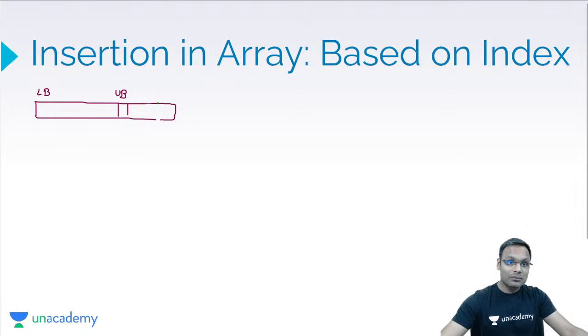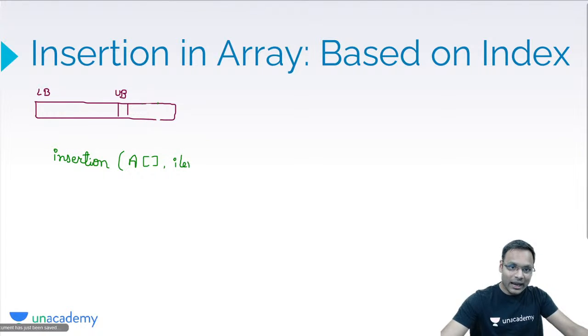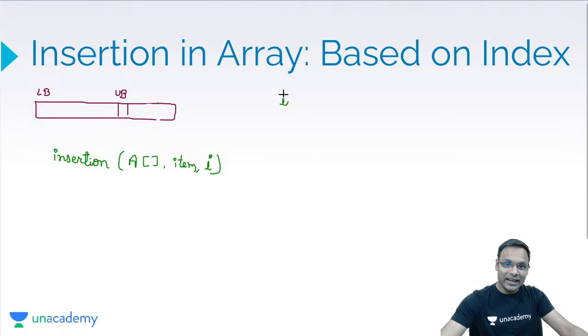What I am saying is very simple. In this case, based on index, in the insertion algorithm, what will I be getting? Of course the array, the item to insert, and I, which is the index at which the new element is to be inserted.